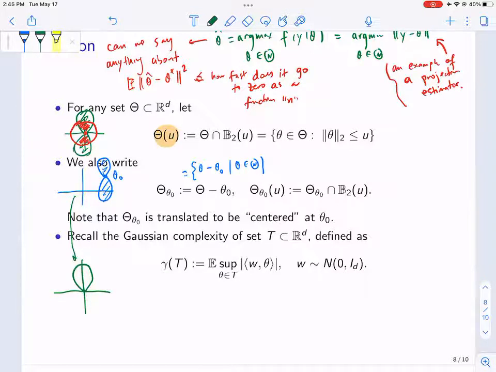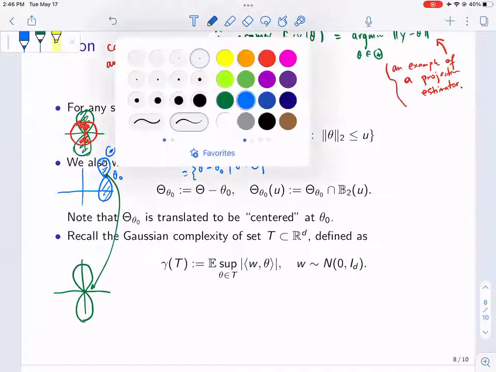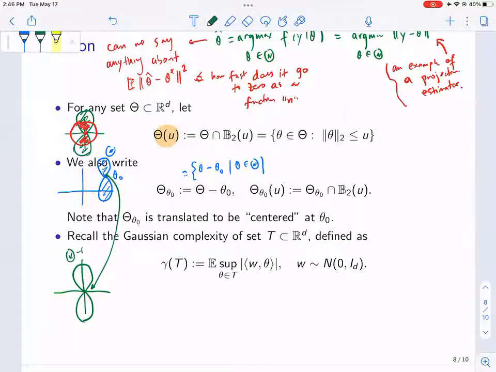I'm mapping theta naught to 0 here. So if this is theta, this would be theta minus theta naught. The point of interest would be shifted, moved to the origin. We center things at theta naught.